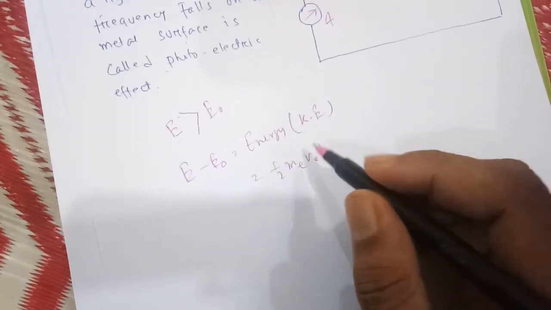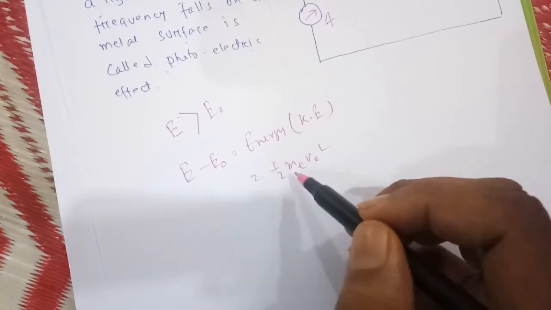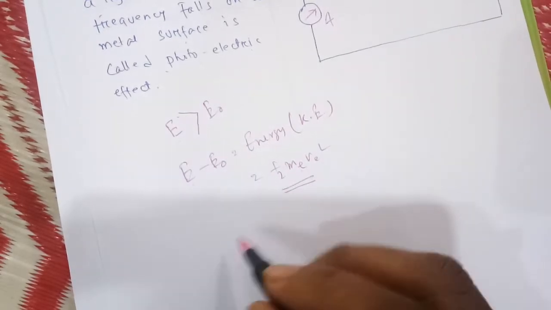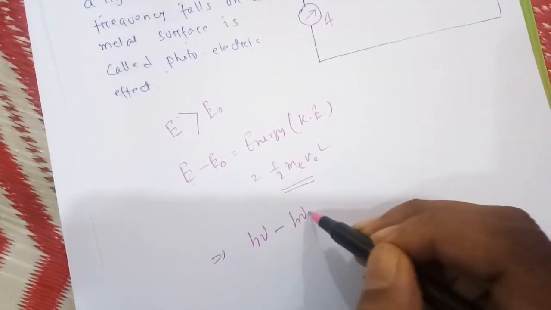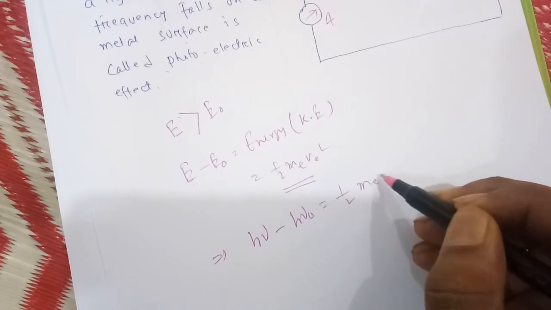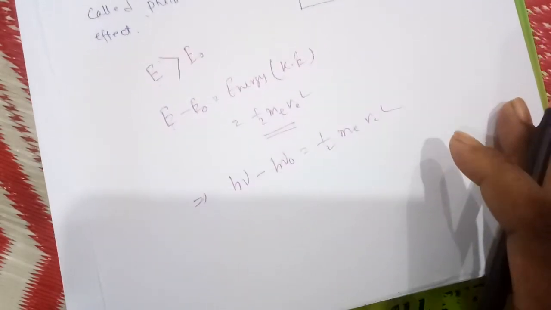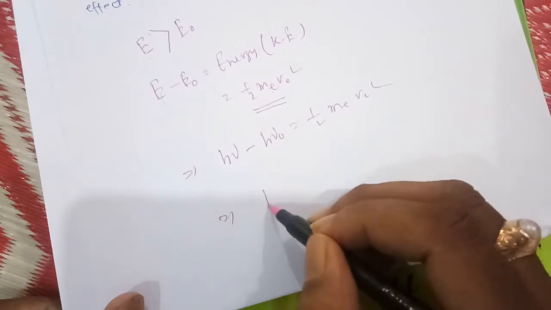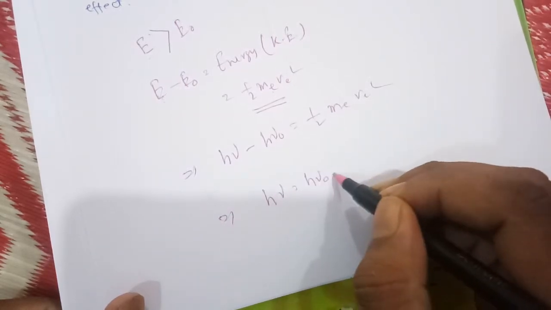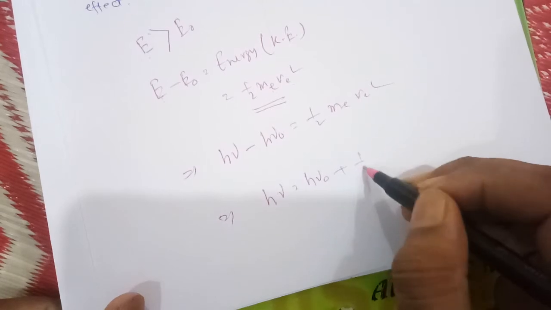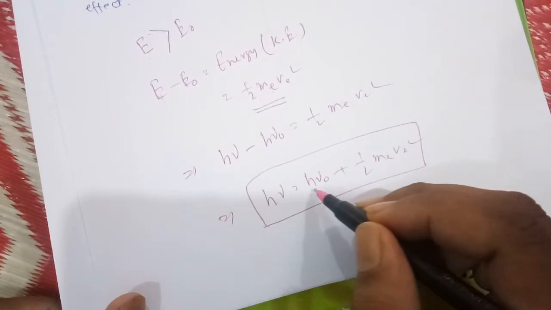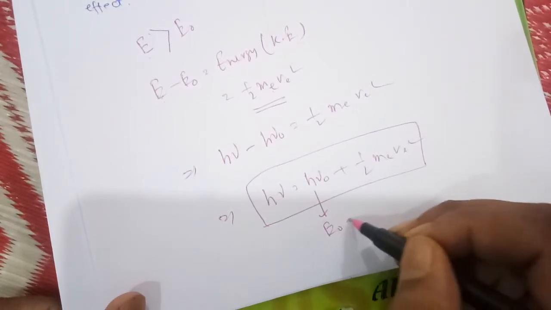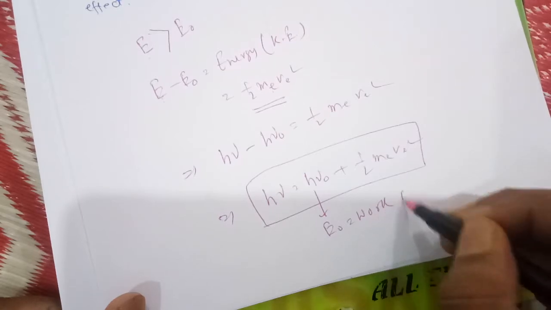So the extra energy with which we are striking is utilized as kinetic energy. So the formula becomes h nu equal to h nu naught plus half m v square. This h nu naught part is also called E naught, which is known as the work function. That point you need to remember.